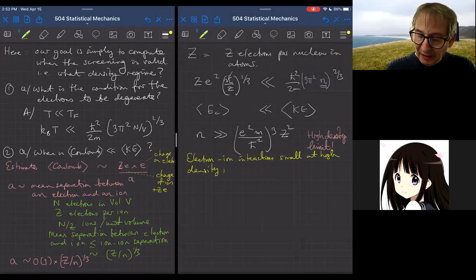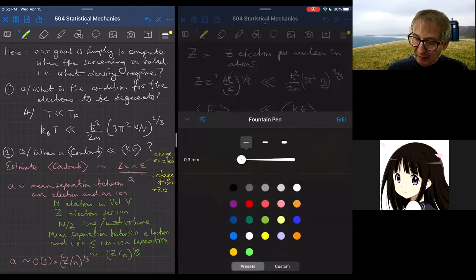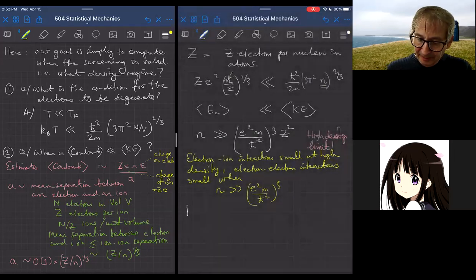And if you do a similar argument, the electron-electron interactions are going to be small when n is greater than e squared m over h bar squared cubed, just simply setting Z equal to 1. And so then you have this picture of the system.